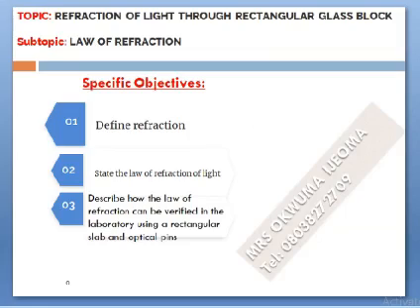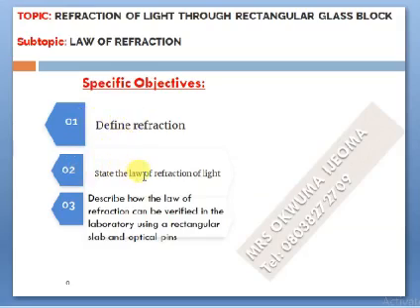Now today we want to look at refraction of light through a rectangular glass block, or you call it a rectangular glass prism. Our specific objectives: by the end of the lesson, students will be able to, number one, define refraction.